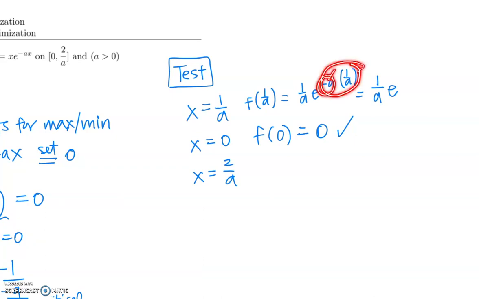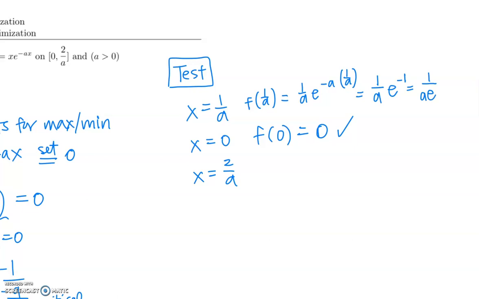Because this is just like, if you put that in the numerator, you'd have negative a over a. So we have e to the negative 1. So this is like 1 over a times e. Okay, we're going to leave that just as it is for a minute.